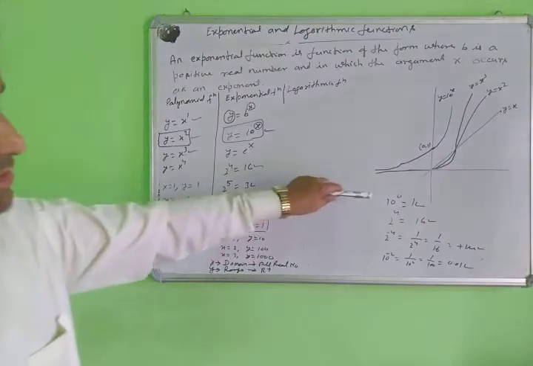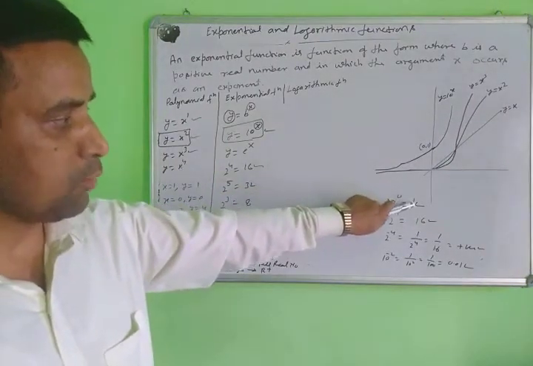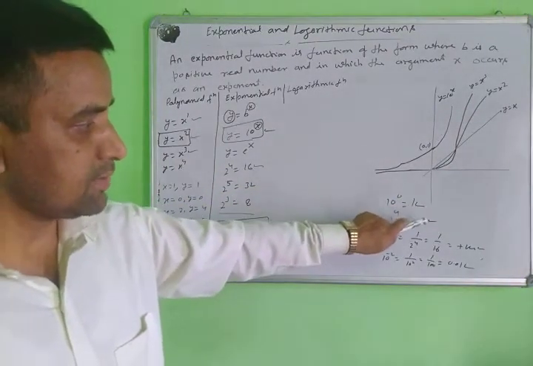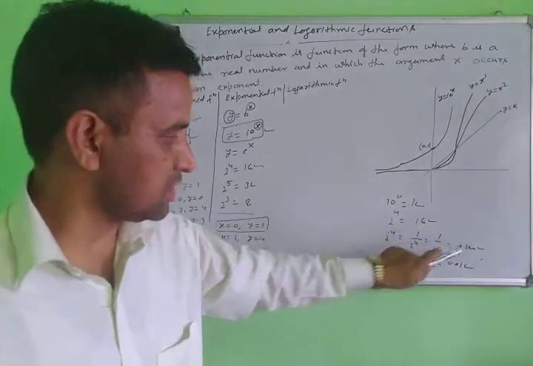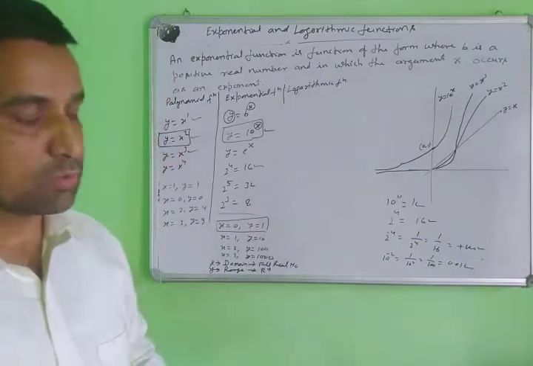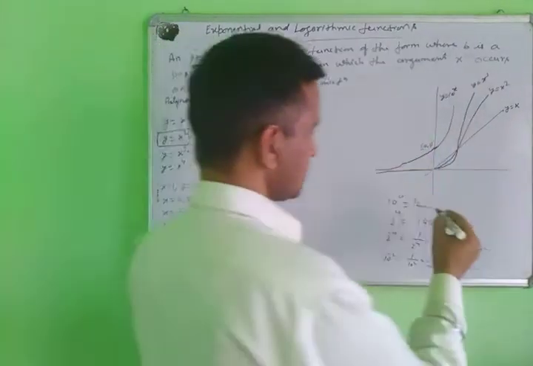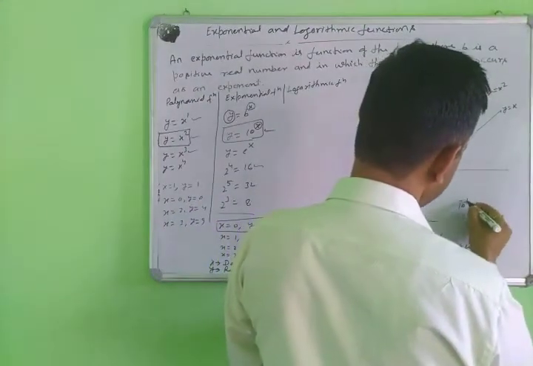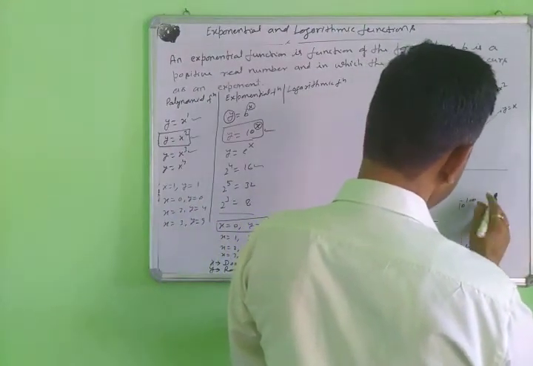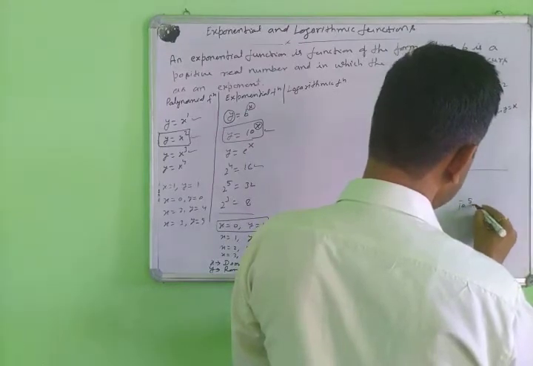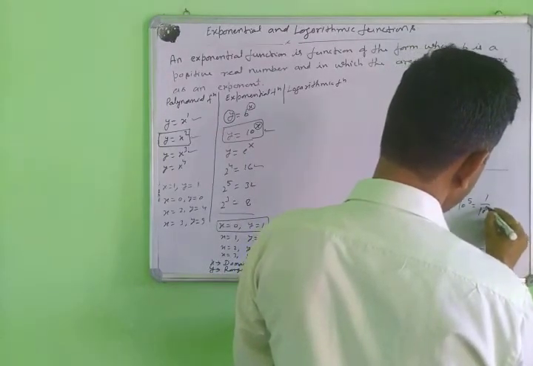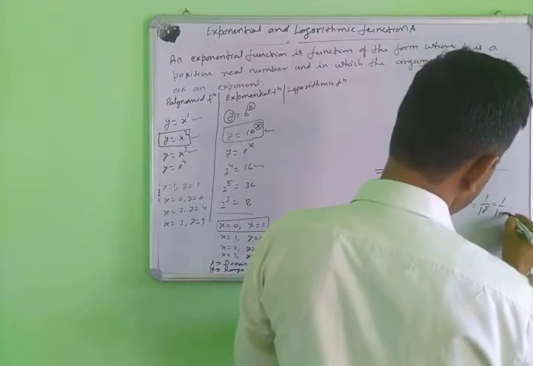It means I am checking this. Suppose I am putting 0, the answer comes positive. Positive number, then positive; negative number, then positive. Suppose you are using a larger power, like 10 to the power 5, that is 1 upon 10 power 5, which is 1 upon 1, 2, 3, 4, 5 zeros.